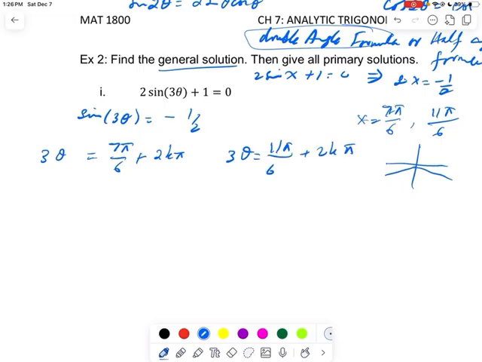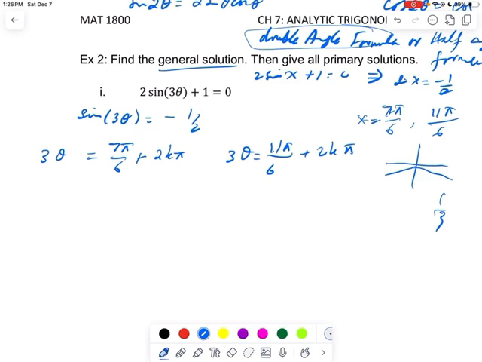Okay. So now in these problems, because we have to get theta, we have to divide everything by 3. So on both sides I divide by 3, or we can say on both sides I multiply by 1 over 3. So dividing by 3 is the same as multiplying by 1 over 3.